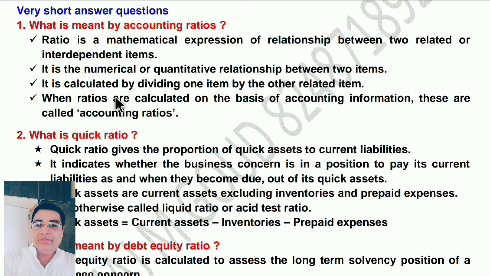It is calculated by dividing one item by the other related item. When ratios are calculated on the basis of accounting information, these are called accounting ratios.